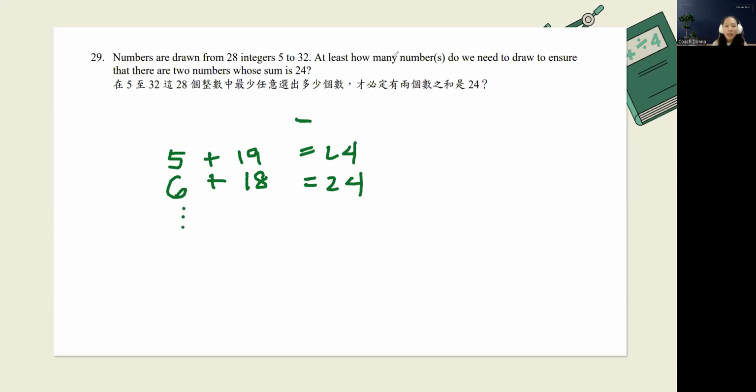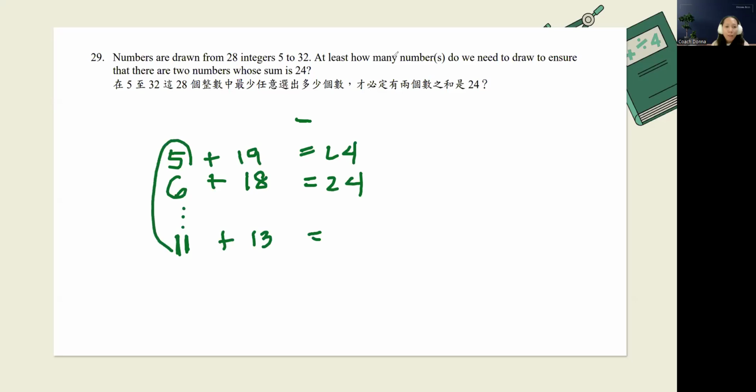So until you arrive at 11, okay, 11 and 13. Because if we decrease this, this is already 12 and 12, and we can't draw the same number twice because there's only one number. So that would be 11 plus 13, which is 24.